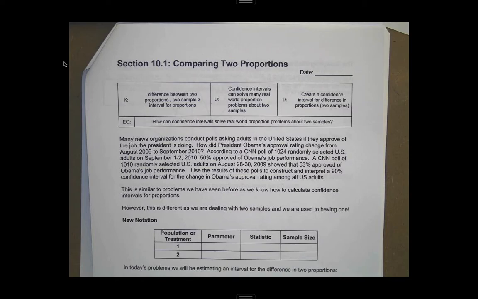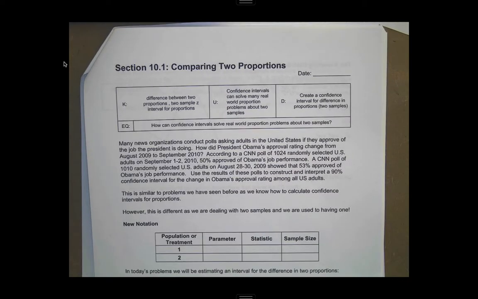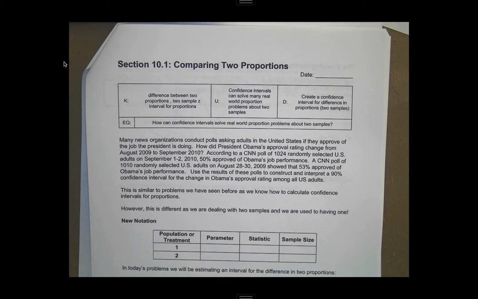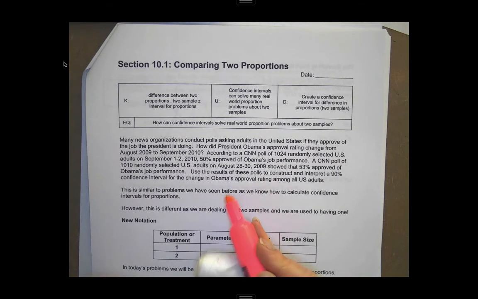A CNN poll of 1,010 randomly selected adults on August 28th to the 30th in 2009 showed that 53% approved of Obama's job performance. Use the results of these polls to construct and interpret a 90% confidence interval for the change in Obama's approval rating among all U.S. adults.